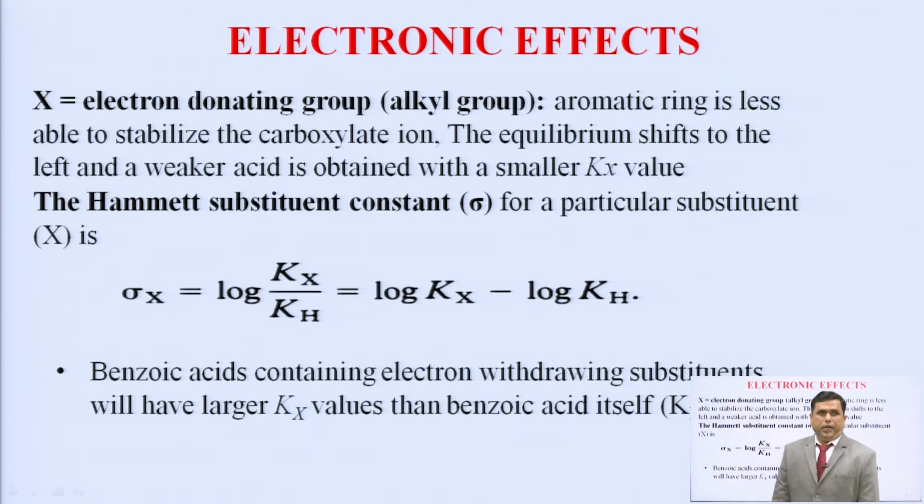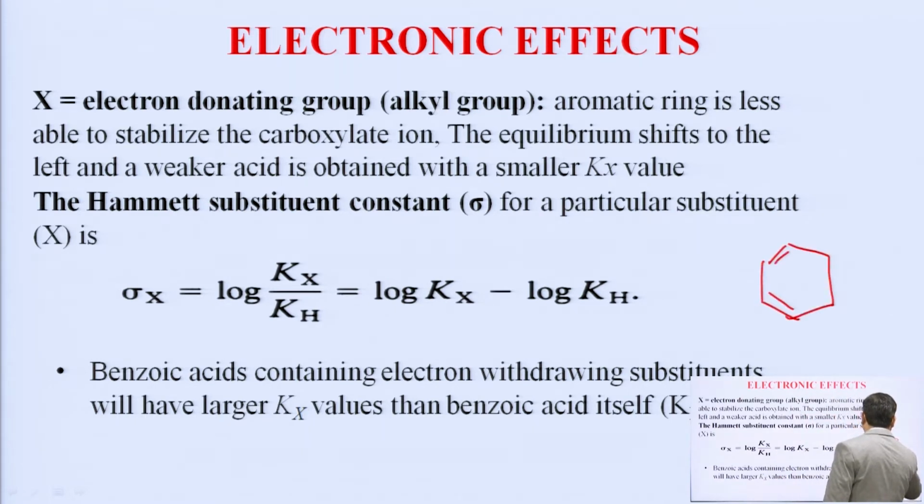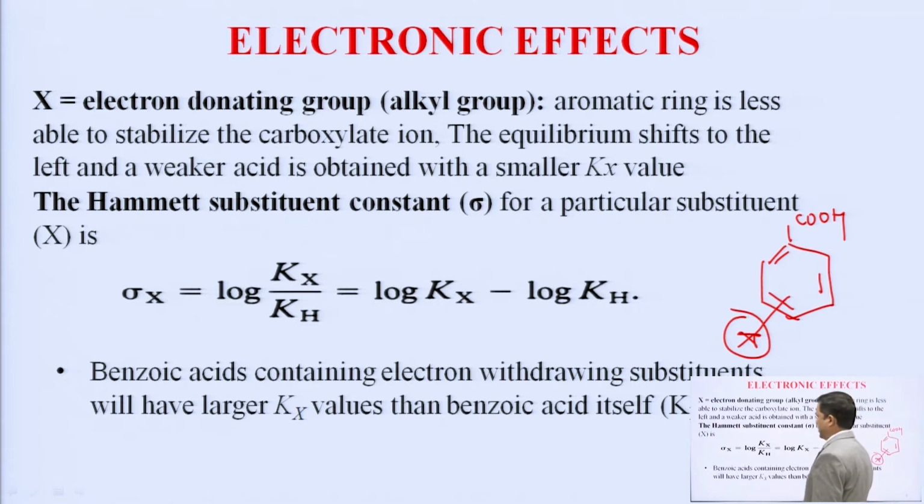Now, this is the benzoic acid and here the X group is present. If X is an electron withdrawing group, like alkyl group, phenyl group, the aromatic ring is less able to stabilize this carboxylate ion.